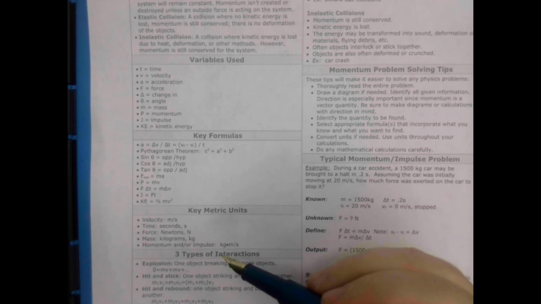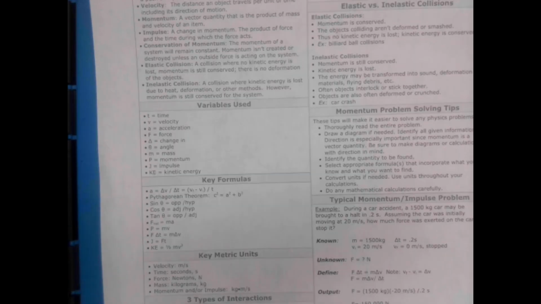Impulse can be defined as the change in momentum. There are two equations. When we did work, we could define it as F times d, or as the change in kinetic energy.